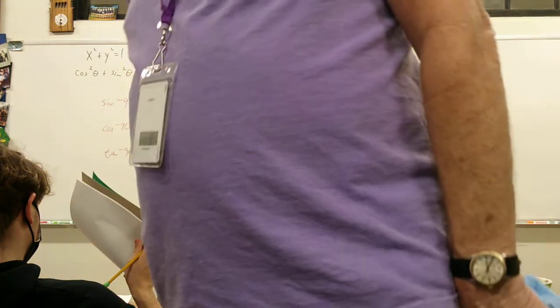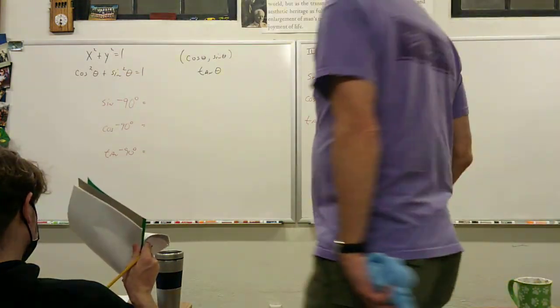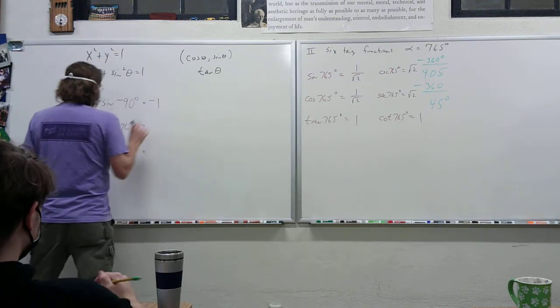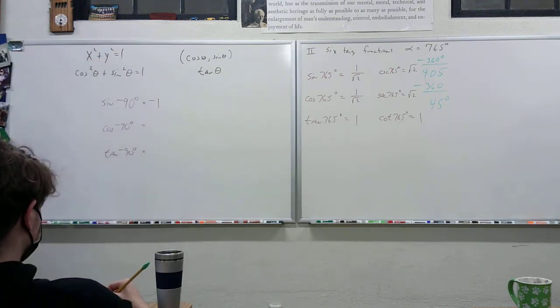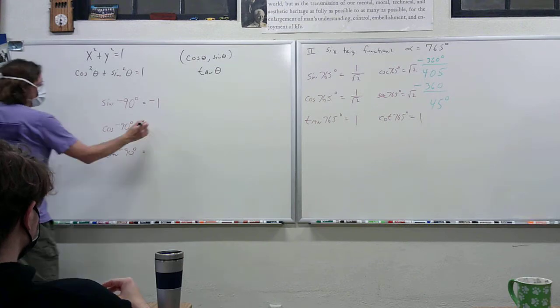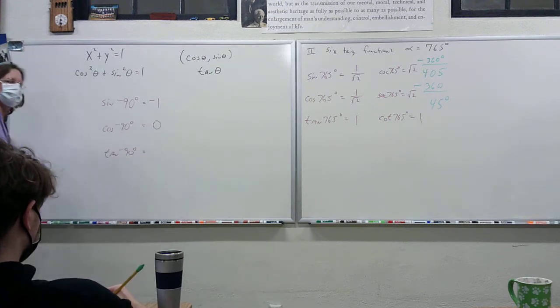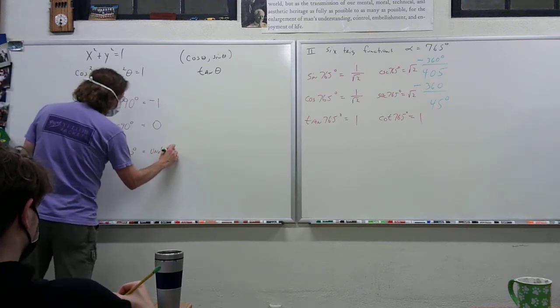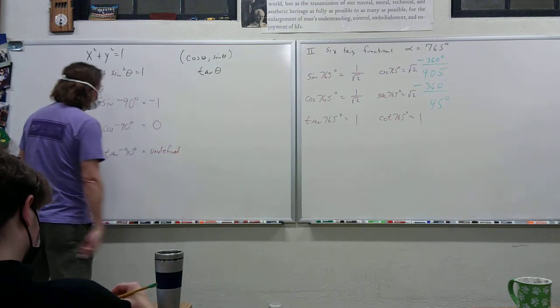Right there. Oh, and if something's wrong on your unit circle, it's a bad day. What's the cosine of negative 90 degrees? 0. And what is the tangent of negative 90 degrees? Undefined.